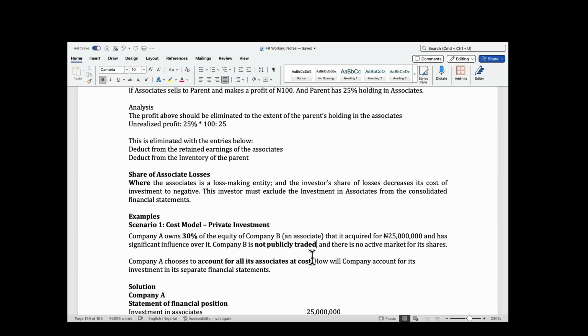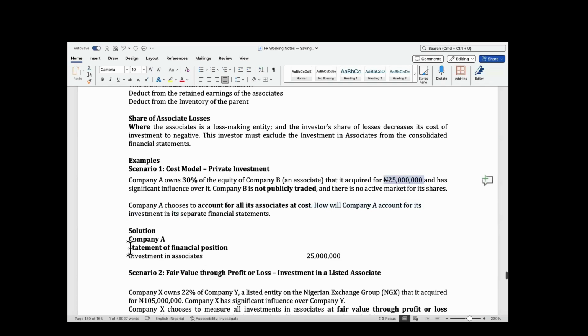How will company A account for its investment in its separate account? Very straightforward. At cost. In a separate financial statement, it should be at 25 million. So in the statement of financial position, you just have investments in associates, 25 million. Very straightforward. So that's all you do.